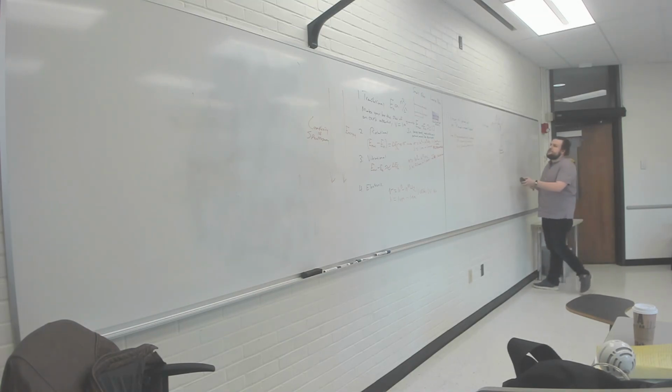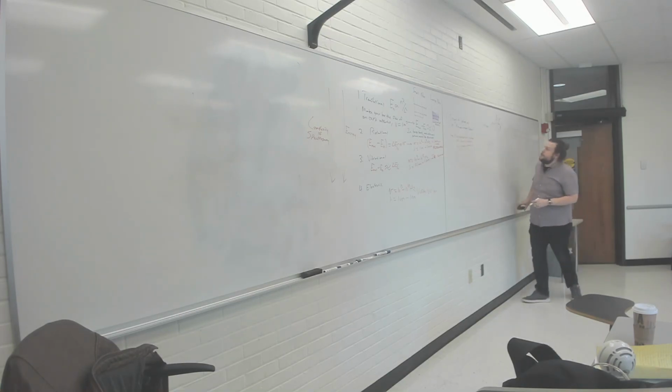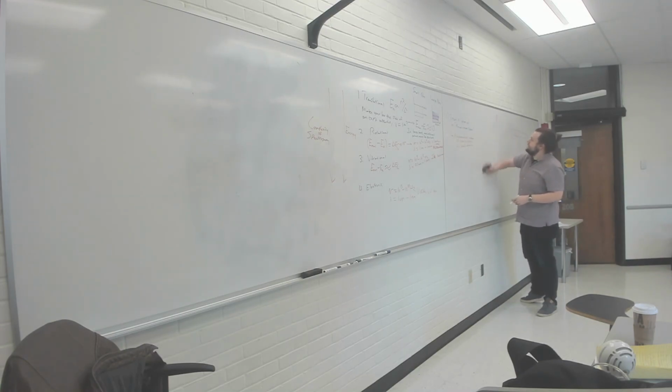So Bohr's observations are these. One is that electrons exist in stable orbits at discrete, fixed distances about the nucleus. Again, I'll just draw what that means.